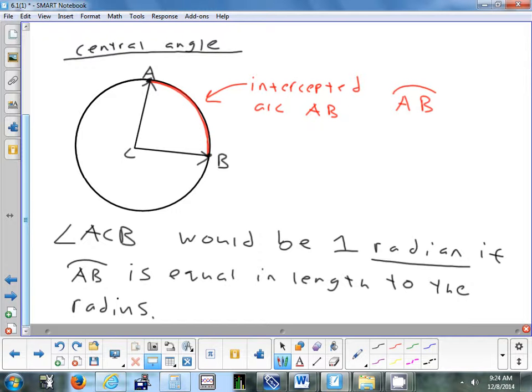So if you draw an angle in a circle and the intercepted arc comes out to exactly the same length as the radius, then you have an angle that's 1 radian. Any question on that idea? So if you took a piece of string, laid it along that red arc, then straightened it out, measured the radius, comes out the same, your angle is 1 radian.